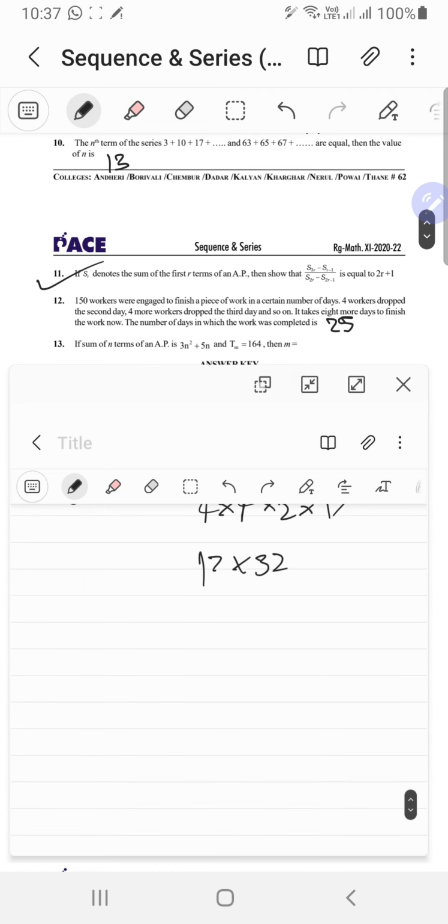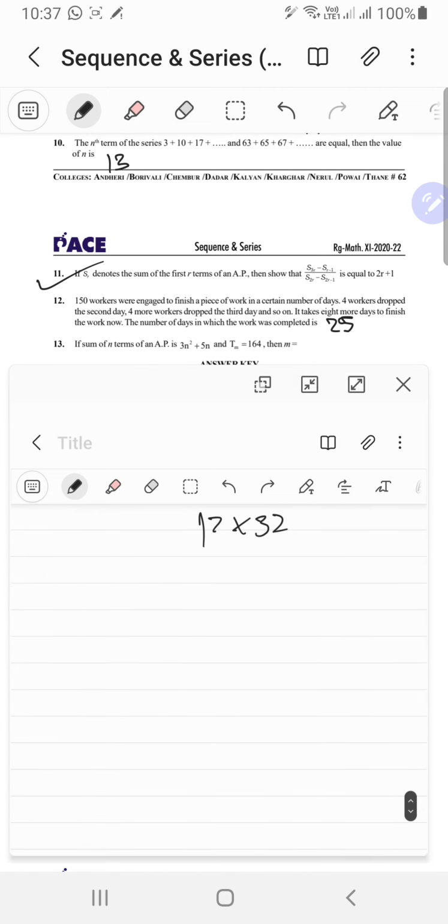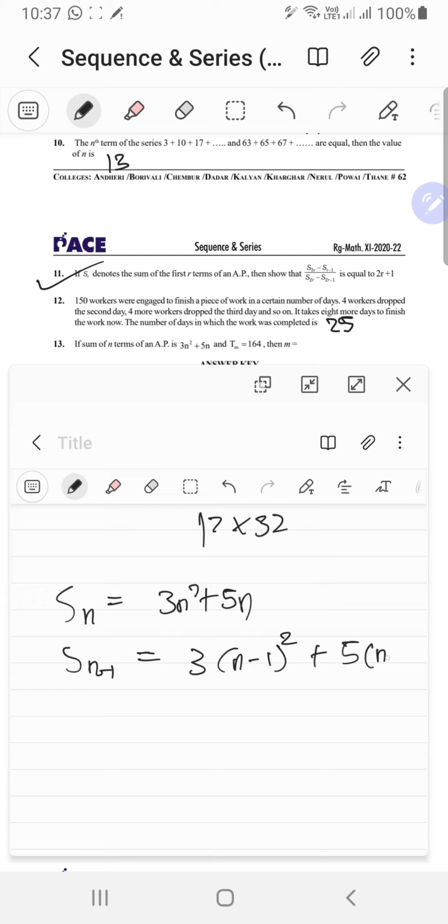Okay, the sum of n terms of an AP is this thing, then the mth term is this thing. So Sn is 3n squared plus 5n, but Sn minus 1, which has every term except the nth term, will be 3 into n minus 1 squared plus 5 into n minus 1.